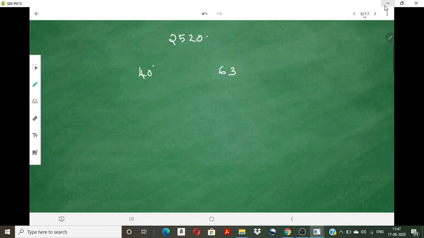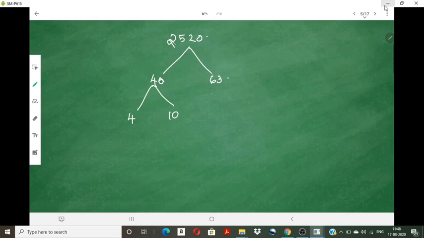So 40 divides 2520, and 63 also divides 2520. Now 40 we can write as 4 into 10, so 4 divides 40, and hence 4 divides 2520. Also 10 divides 40, and hence it divides 2520.